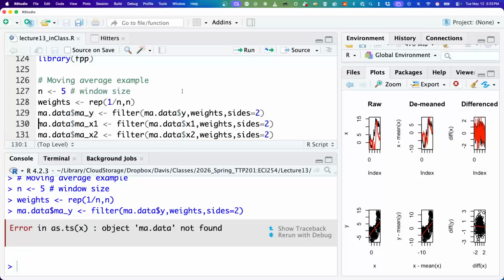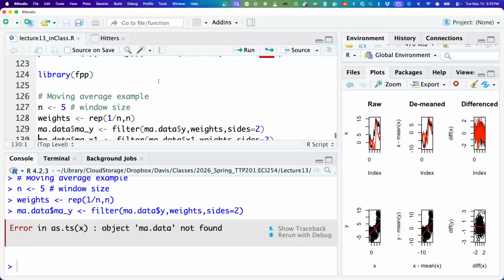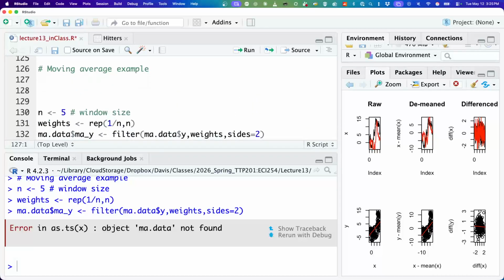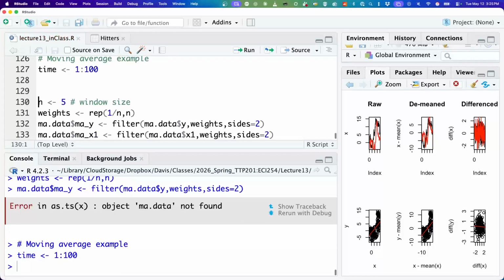Oops, sorry, I didn't even generate the data yet. So let's do this. We'll have 100 time periods.